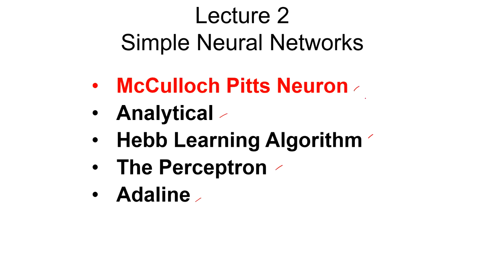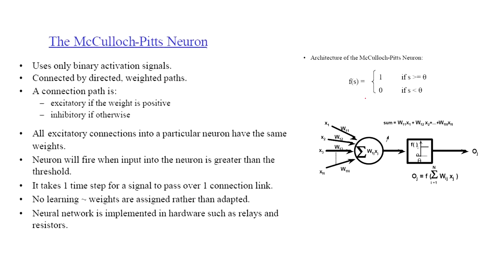So let's get started. In the first part, we will learn about the configuration or internal structure of the McCulloch neuron. This is the basic structure of the McCulloch-Pitts neuron, in which I think you are quite aware of the set of inputs here. Then we have the set of weights, which sit in between the input and the neuron.